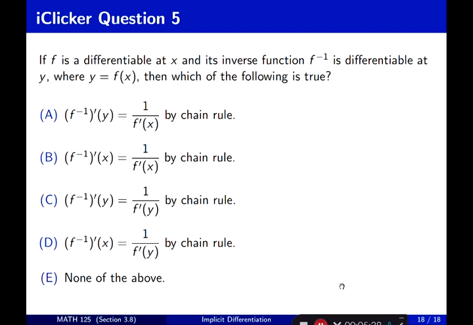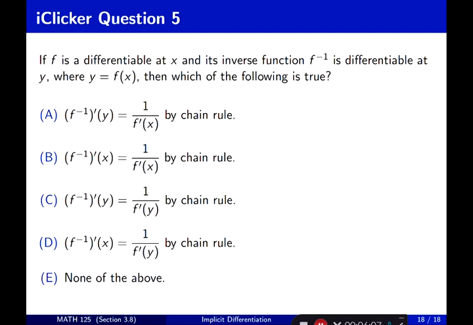I-clicker question 5. If f is differentiable at x and its inverse function f inverse is differentiable at y, where y is equal to f of x, then which of the following is true? A, f inverse prime of y is equal to 1 over f prime of x by chain rule. B, f inverse prime of x is equal to 1 over f of x by chain rule.